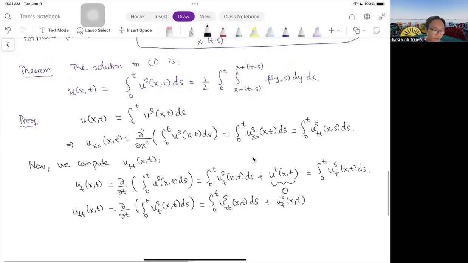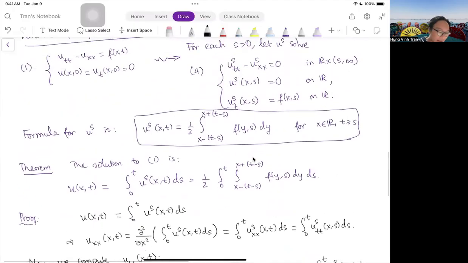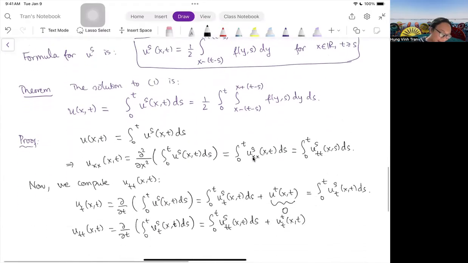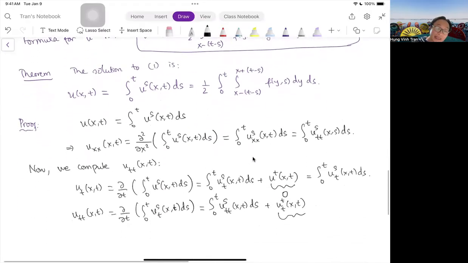And if you look back at the formula, we are given that u^s_t(x,s) is f(x,s), right? So this is given to us as exactly the source term interpreted as the initial velocity. So this is exactly f(x,t).